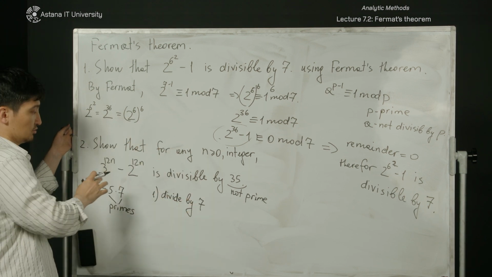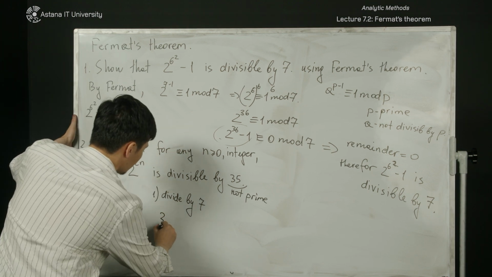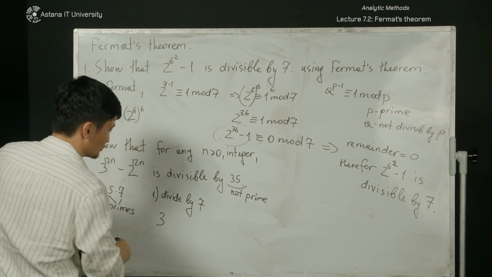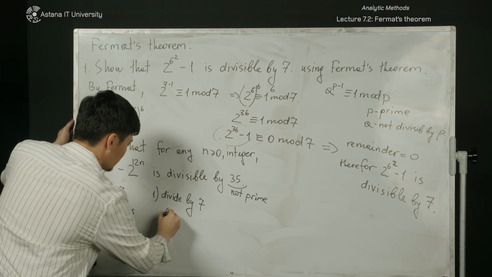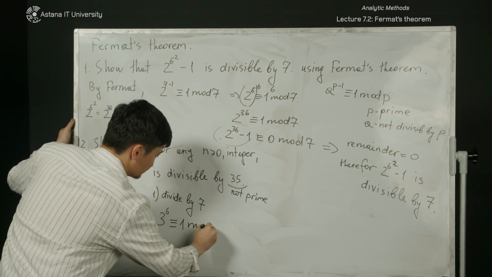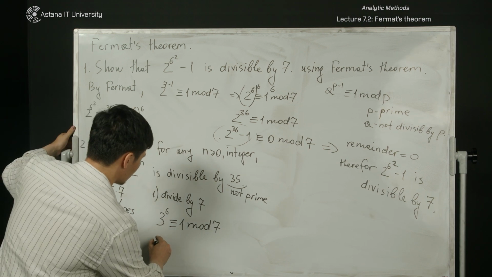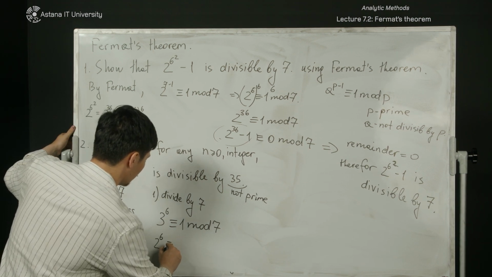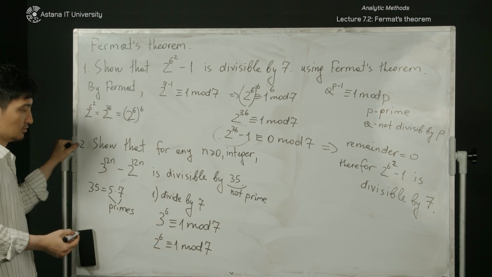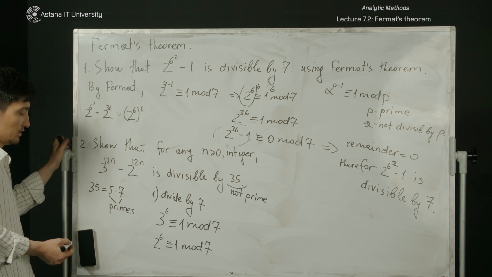2 and 3 are not divisible by 7. So basically I will have 3 to the power of 7 minus 1 as over here, similar to the previous one. 7 minus 1 is 6, so 3 to the power of 6 gives me remainder 1 mod 7. And by the same logic, 2 to the power of 6 gives me remainder 1 mod 7. But I need 12, right?